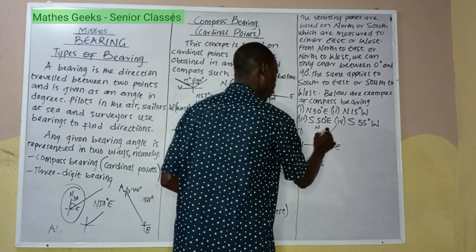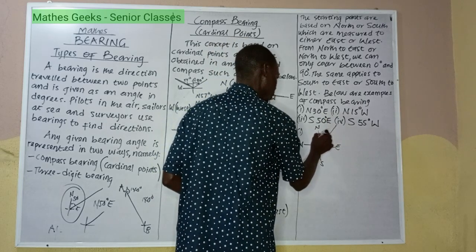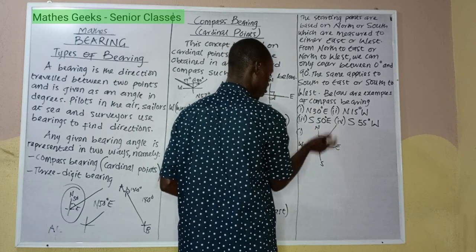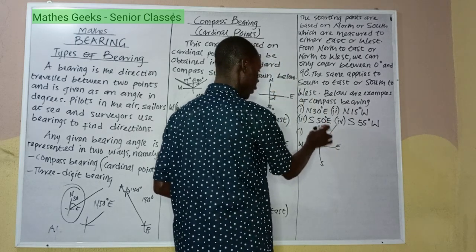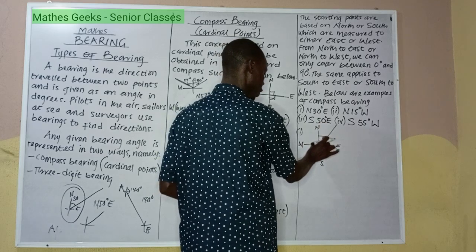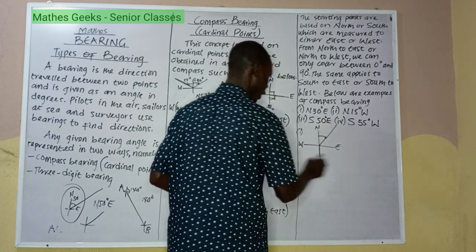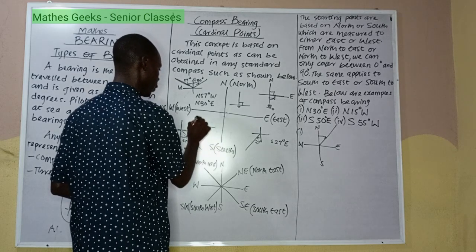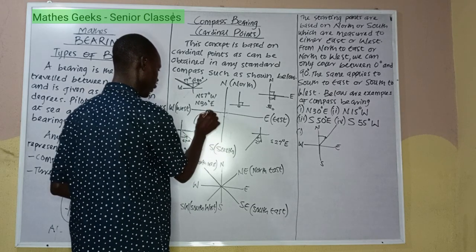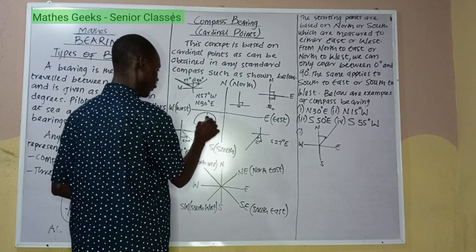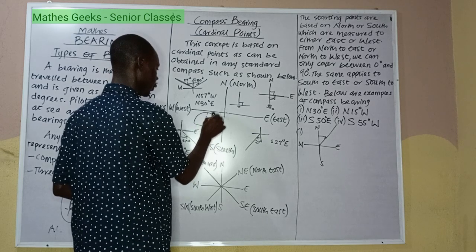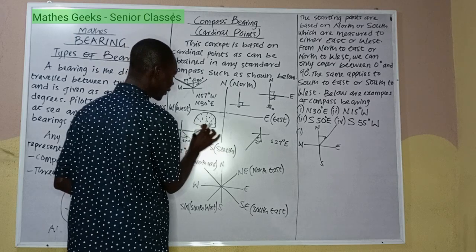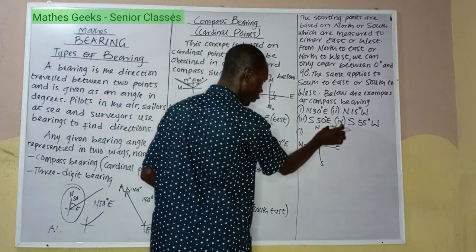So measuring from the north pole to this line, from here is 0. If you put your protractor, this is 90 degrees. You place it on this point. Usually a protractor is in this form, and this is 90 degrees, and from here you have a series of angles. If you're using a protractor, you want to be accurate.